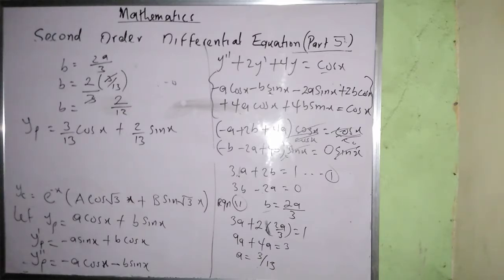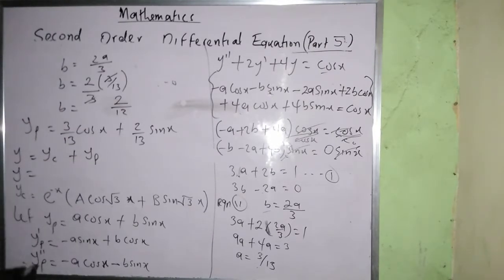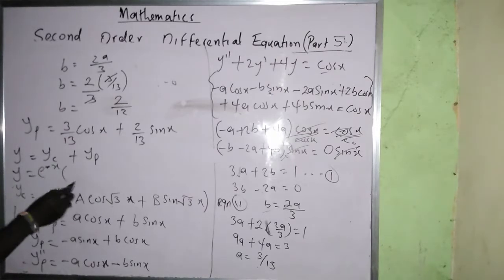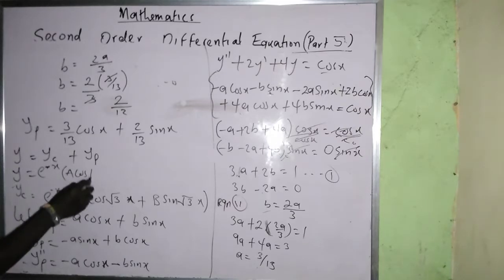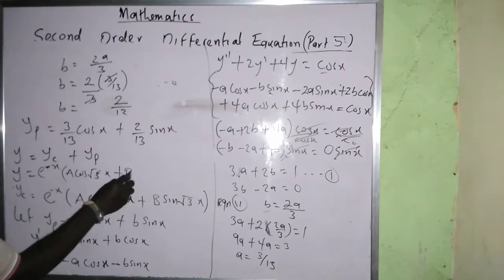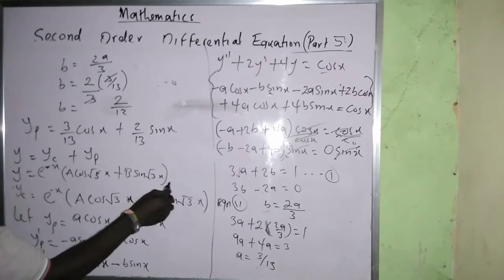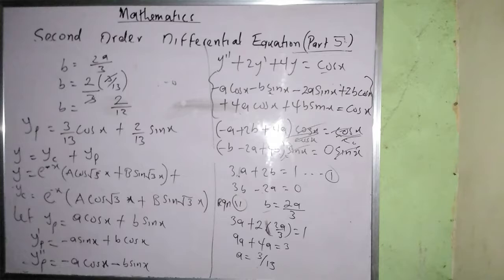Since I have this, I can now move on to the next one. I can now say that my y equals y complement plus y particular. What is my y complement? This is my y complement: e to the minus x bracket of A cos root of 3x plus B sine root of 3x, plus my y particular.